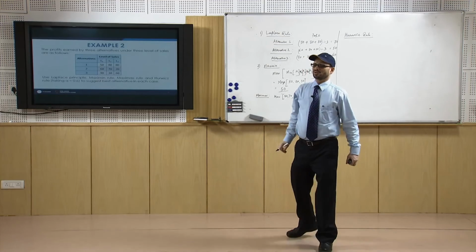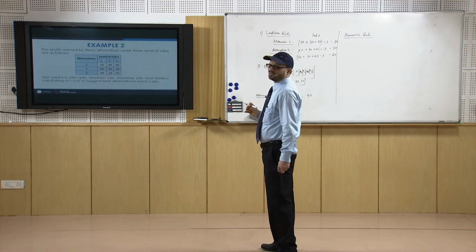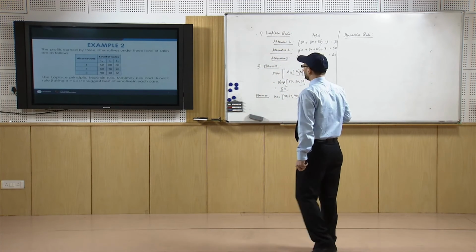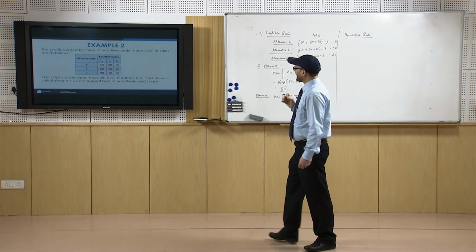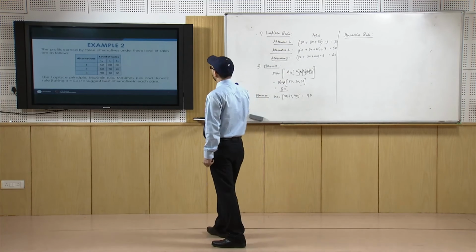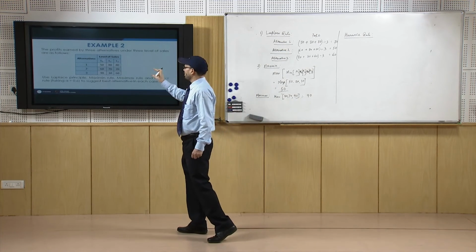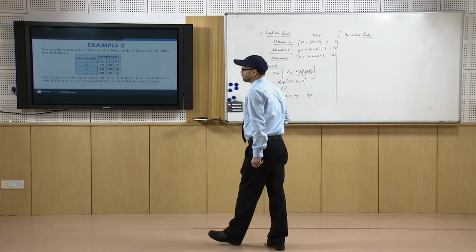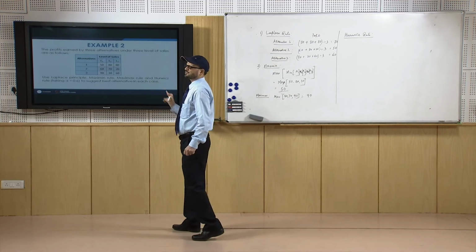Now, this rule talks about a parameter alpha, which is the degree of optimism. So, basically what you do is you take the maximum value multiplied by this level of optimism, that is 0.6, and the minimum is multiplied by 1 minus alpha.